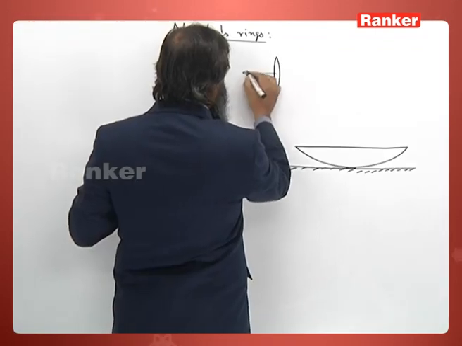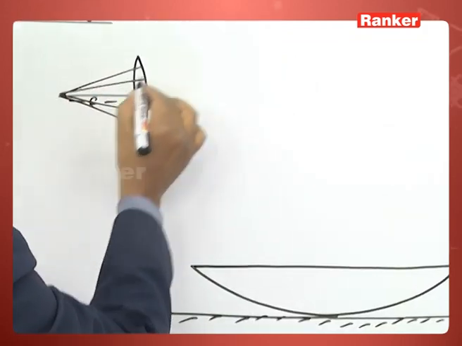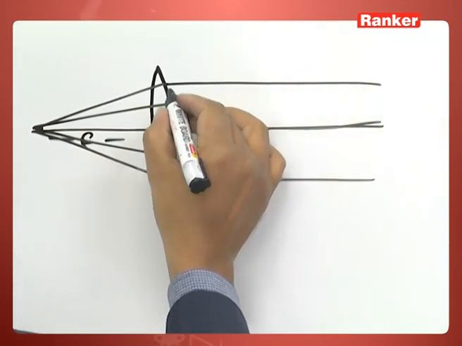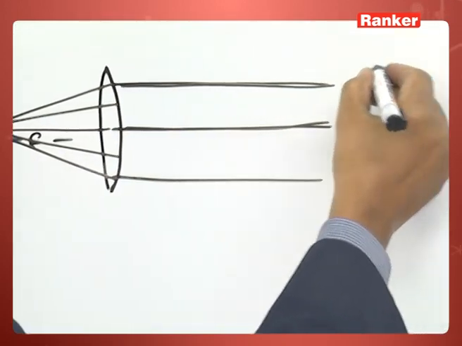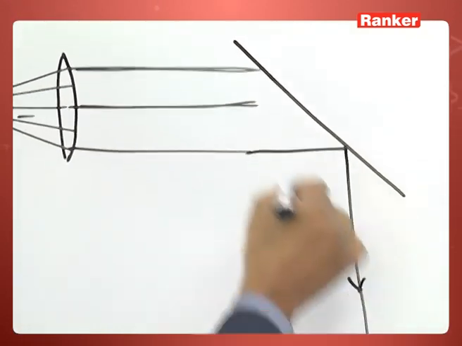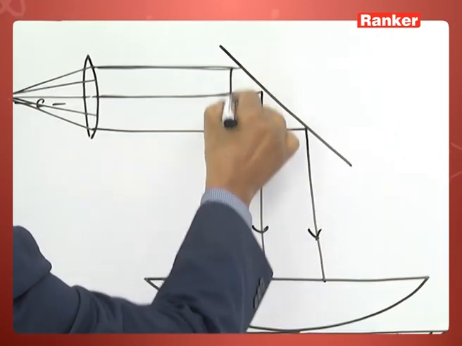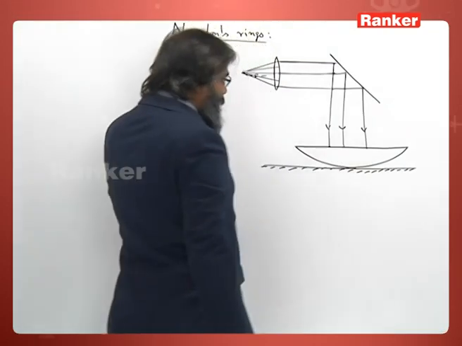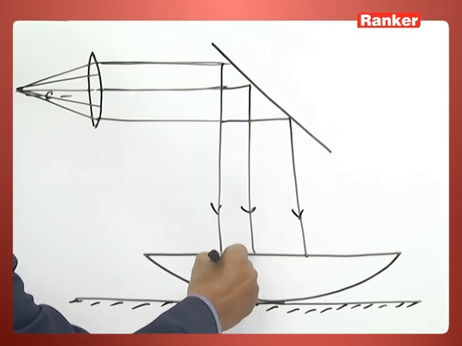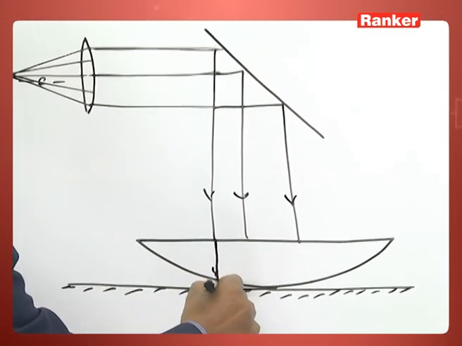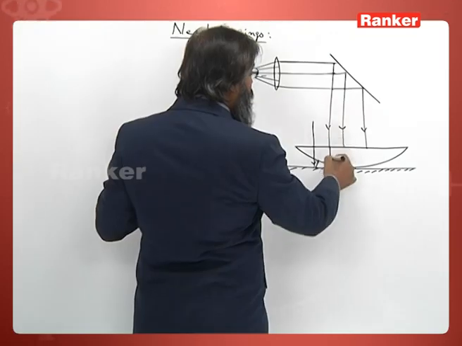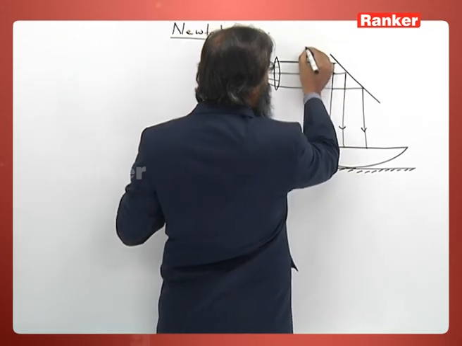At the focus of that lens we can have a parallel ray, and this will produce a parallel wavefront which, when it passes through a beam splitter, will be incident directly on this lens, and this lens again the rays will pass, again it will get reflected from the mirror, and so finally the rays will go towards this.